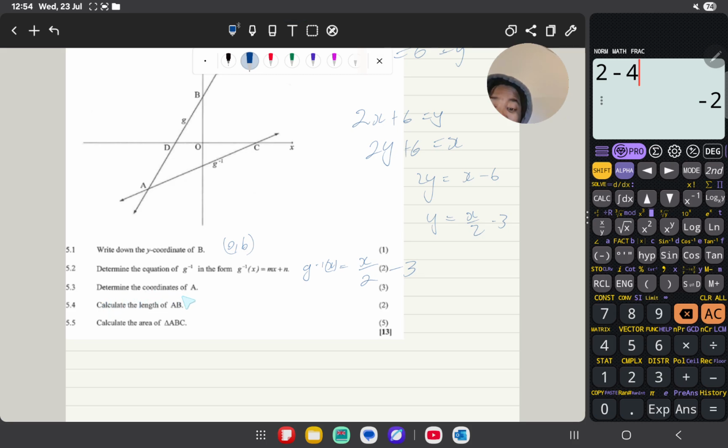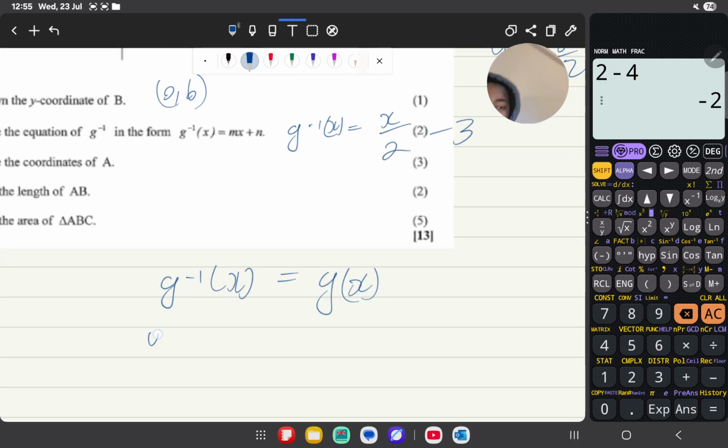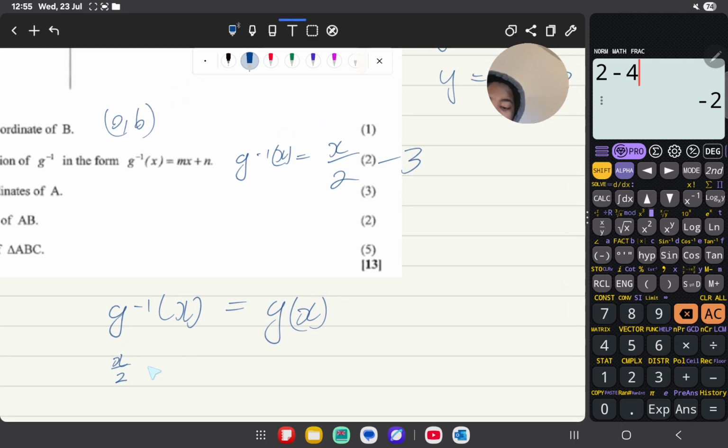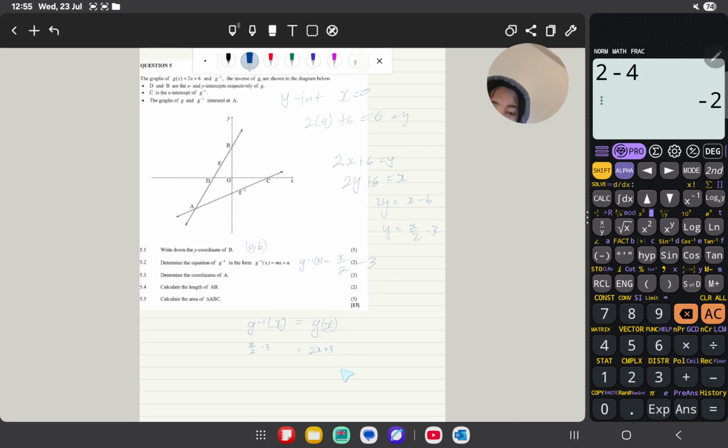Then they say determine the coordinates of A. You're going to equate the inverse and the original function, and then solve for the values. So here you have x over 2 minus 3, and here you have 2x plus 6.